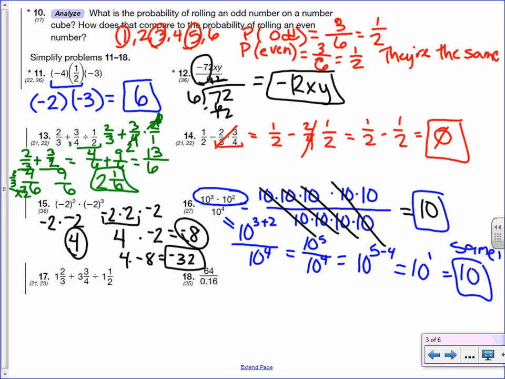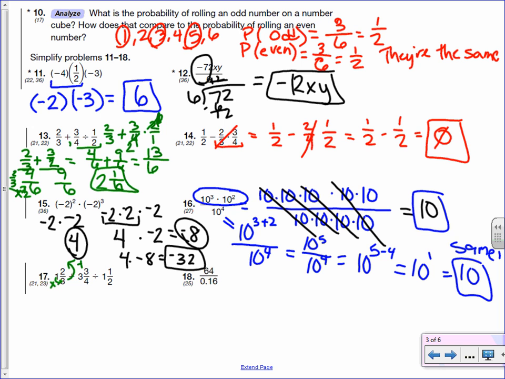All right, in number 17, we have 1 2/3 plus 3 3/4 divided by 1 1/2. So the first thing that we need to do, because these are mixed numbers, is turn them into improper fractions. And the way that you do that is you take the whole number times the denominator, and then you add it to the numerator.